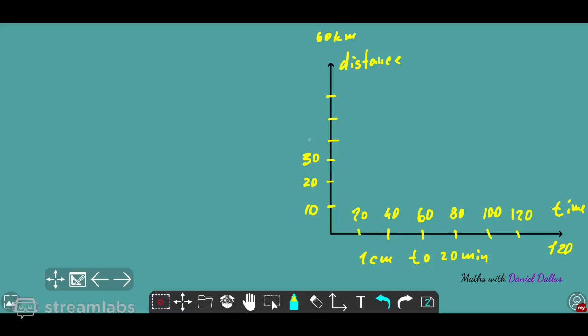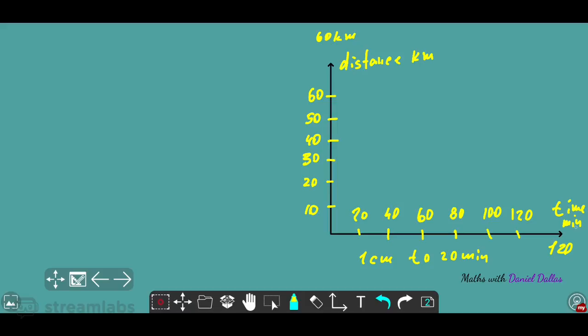Okay. And 60. This is the last. So kilometers. In time, I put minutes, right? But actually here it's not specified. Should you put hours? Yeah. So that's why I let it be like this.